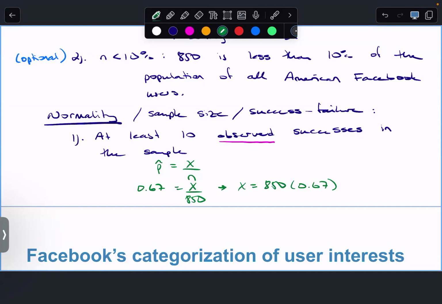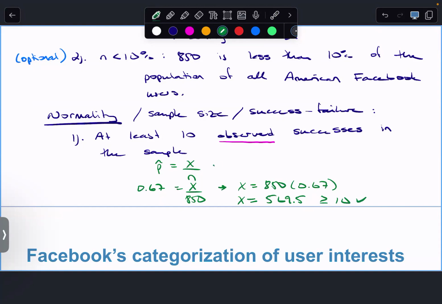Quirks. 850 times 0.67 is 569.5. So what happened? Obviously, we didn't have half of a success, but presumably this 0.67 has been rounded, and so it's okay. I'm just going to leave it as 0.5. That's totally fine. We're just checking the conditions. Whether it's 569 or 570, it's still more than 10. It doesn't matter. And so here, this is greater than or equal to 10. So that's good.